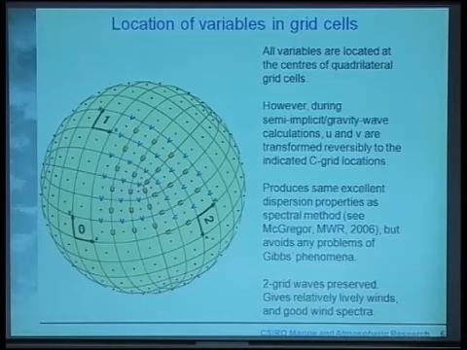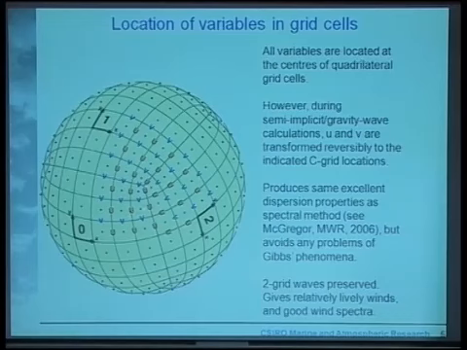But it's nice to have the velocity staggered in an Arakawa C sense for calculating divergence. That avoids separation of solutions and so on, if you do have that. And so what I do is calculate those U's half a grid point in the X direction, V's half a grid point in the Y direction.